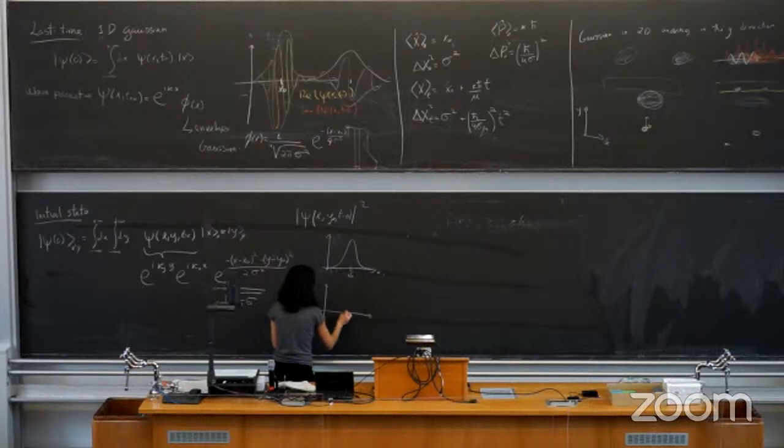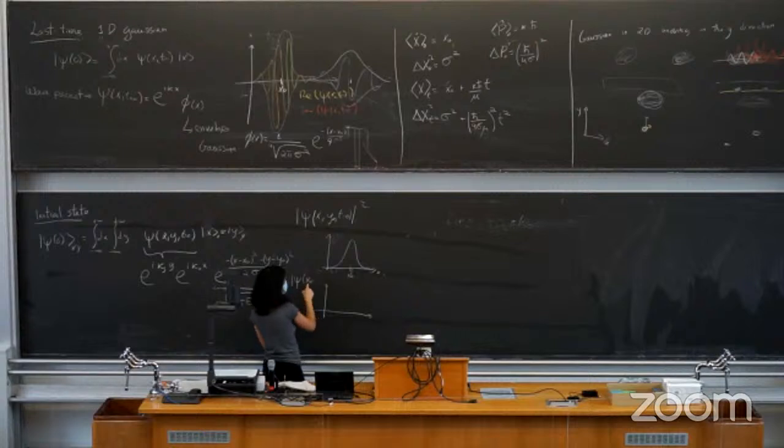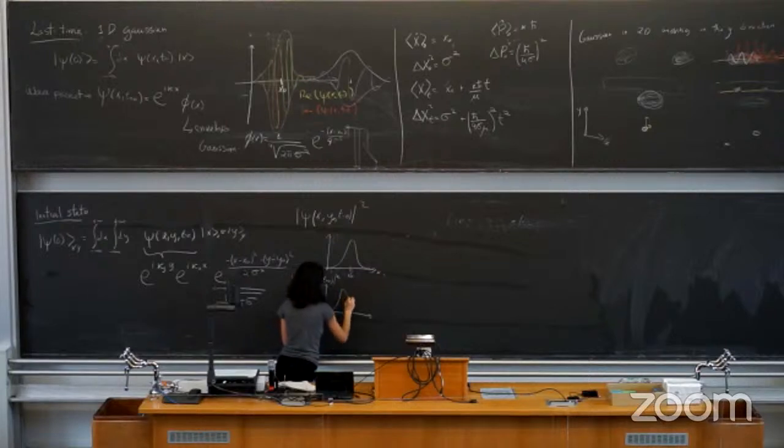If I'm looking at the position x0, the maximum, the modulus of the wave function at x, y, time equals 0 squared, then it's going to look exactly the same shape.